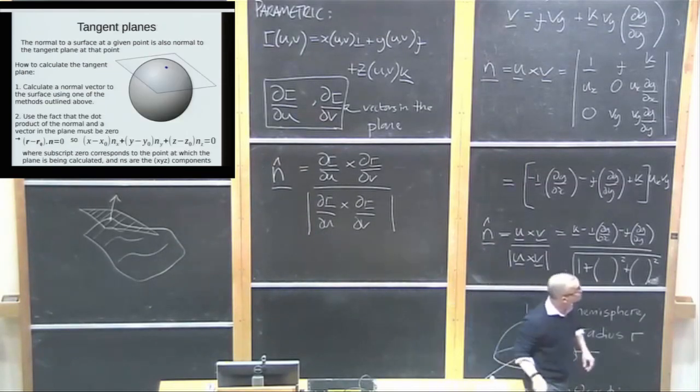So we want to use the tools that we've learned to be able to calculate tangent planes. There we are. So there's a better graphic. There's a sphere. There's a point on the sphere.